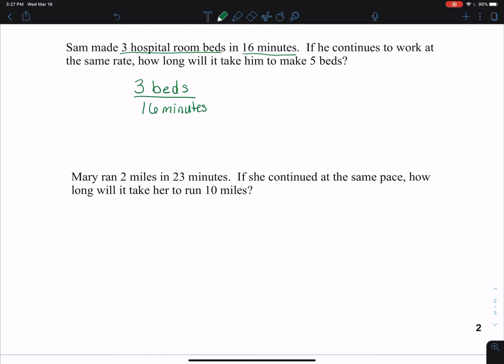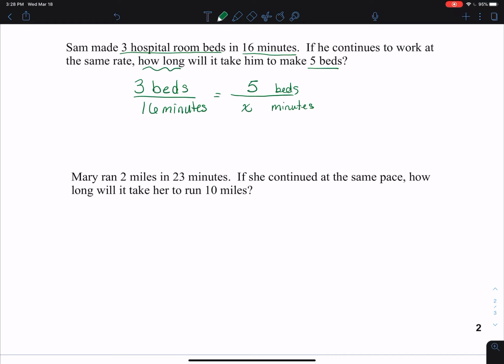So I know for that other proportion, I want beds to be in my numerator and minutes to be in the denominator to keep those like units across from each other. It says if he continues to work at the same rate, how long, so I don't know the time, will it take him to make 5 beds?